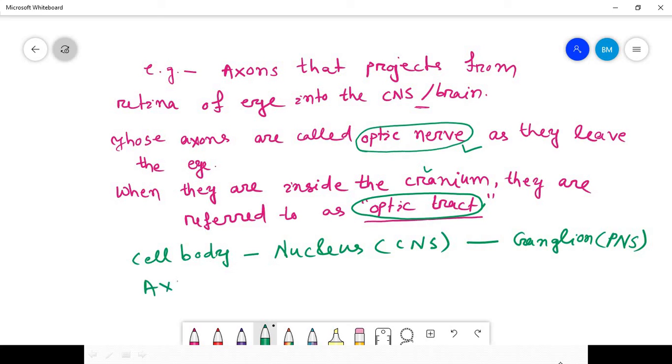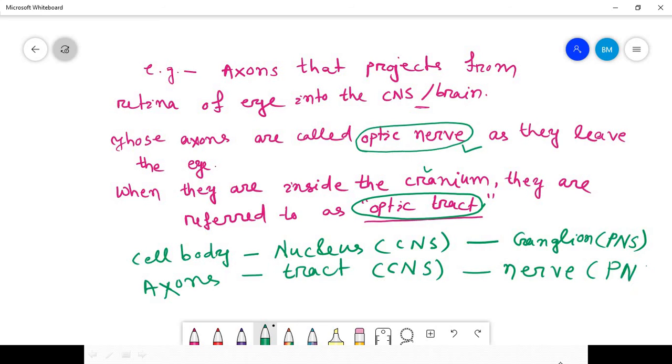And axons are called tract when they are present in the central nervous system, and they are called nerves in the peripheral nervous system. This is the overview of the names based on the location of the parts of the neuron: one is the cyton and the other is the axon.